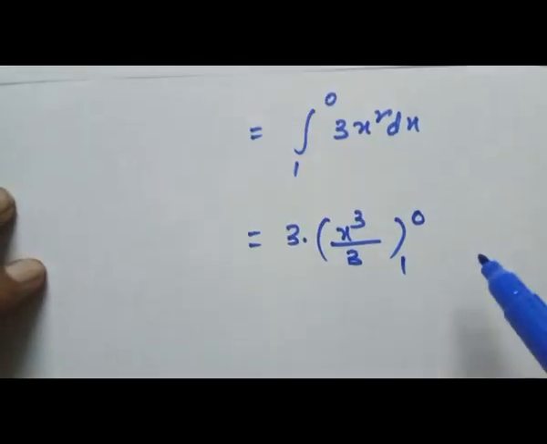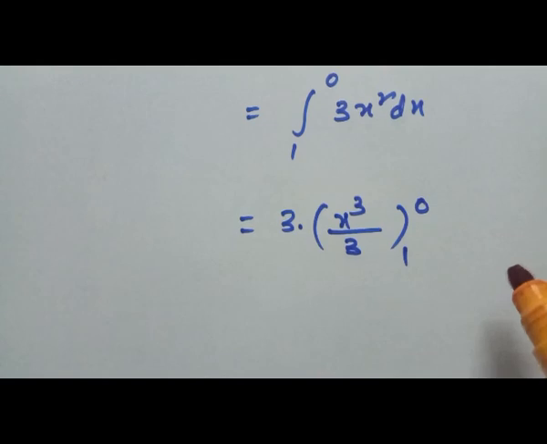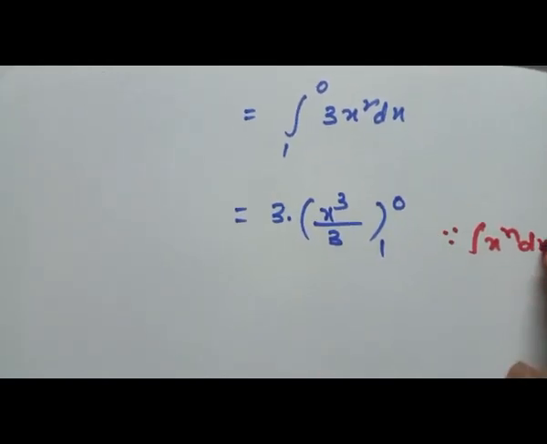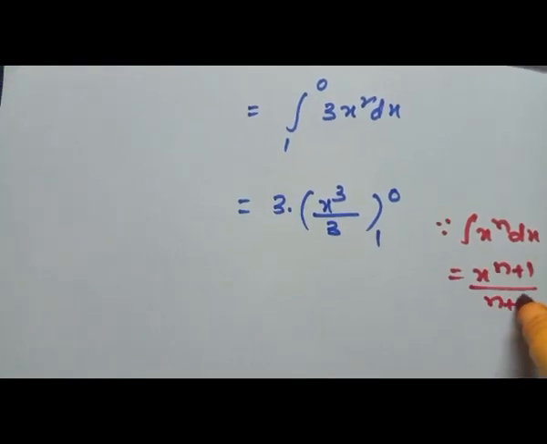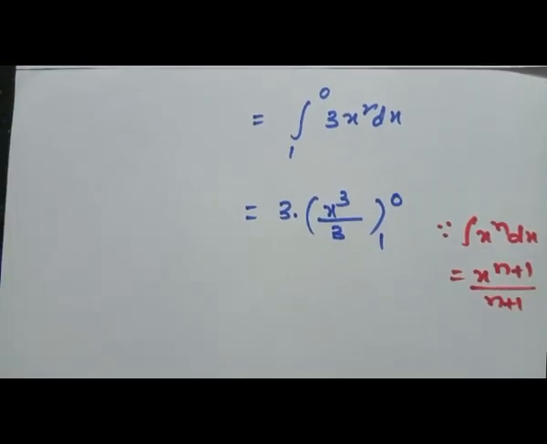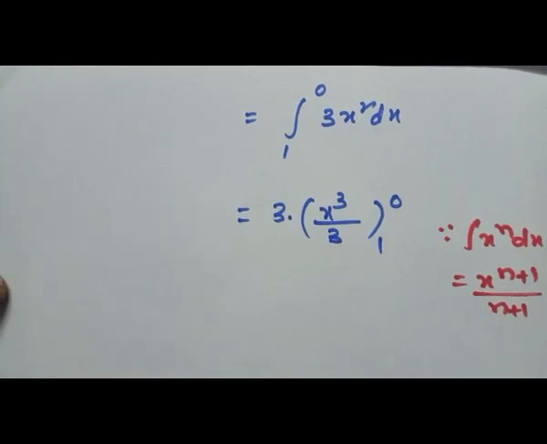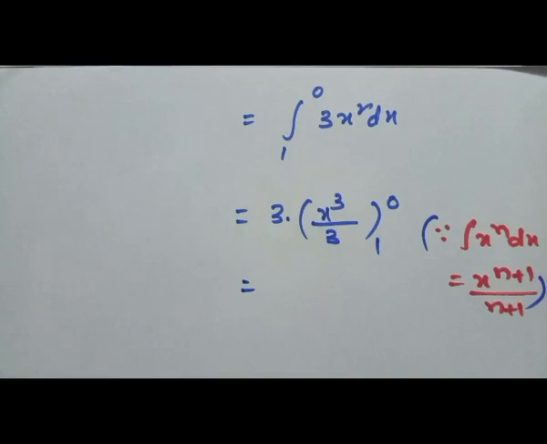Since the integral of x power n dx is x power n plus 1 by n plus 1, the same formula we applied in the previous case. The 3 gets cancelled.